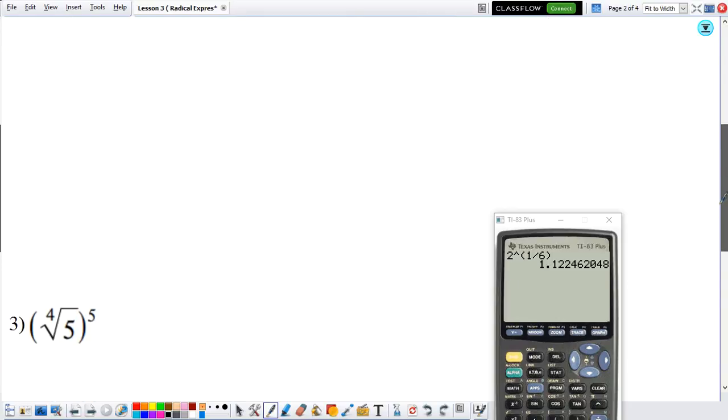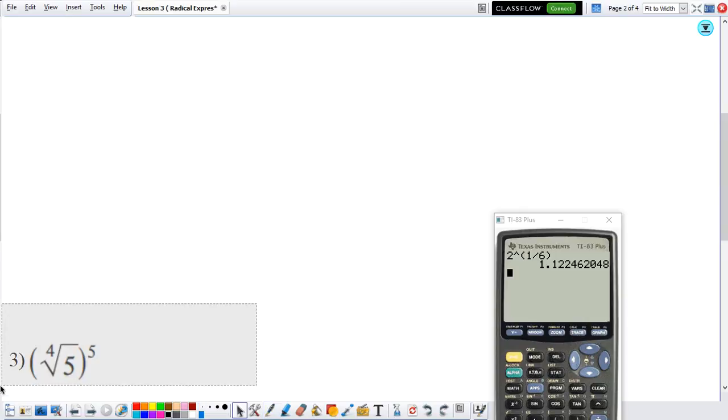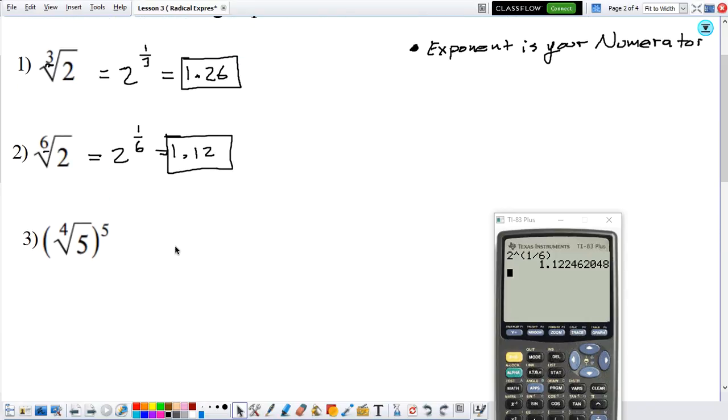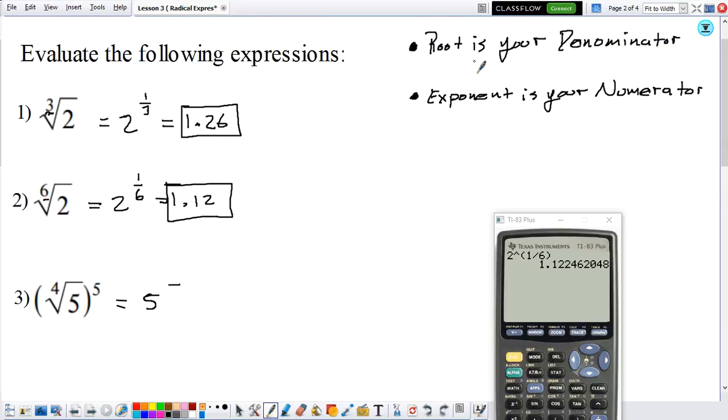Let's try some more examples. Let's look at example 3. Again, what we want to do is go from root to exponents. The first thing is, what is the thing that we take the root of? 5. So that's going to be my base. If you want to go from root to exponents, you know your exponent is going to be a fraction. Now notice that here we have an exponent. Where does it go? The root is the denominator, the exponent is the numerator.